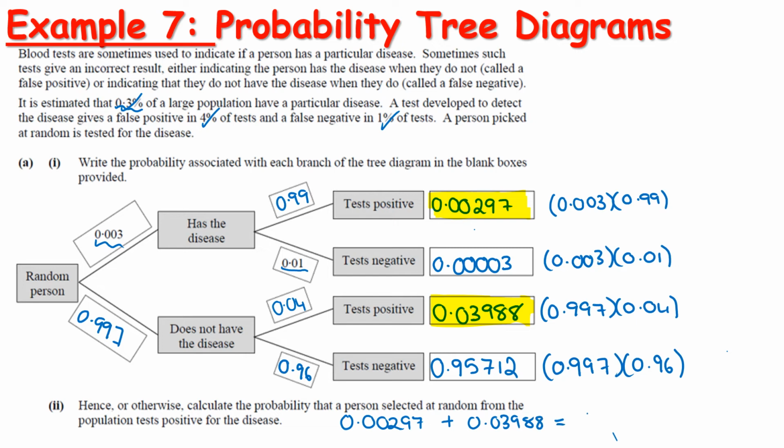And that gives us the probability that somebody tests positive for the disease is equal to 0.04285.